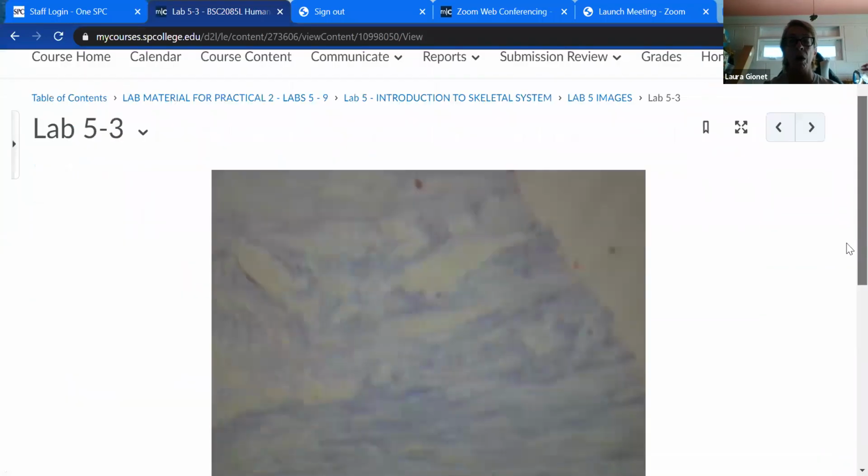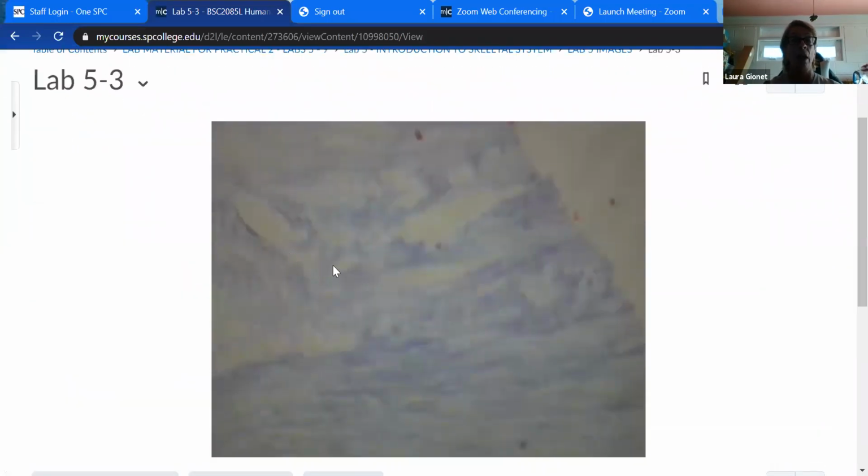All right, then we go to the last of the cartilages, which is fibrocartilage, and we looked at that in lecture. The picture I have in lecture is actually very good for this. It looks a lot like this. We have these pale blue staining wavy lines, and every once in a while you can see a bright magenta staining nucleus of a chondrocyte. So it's rather pretty, the light blue with the fuchsia nuclei.